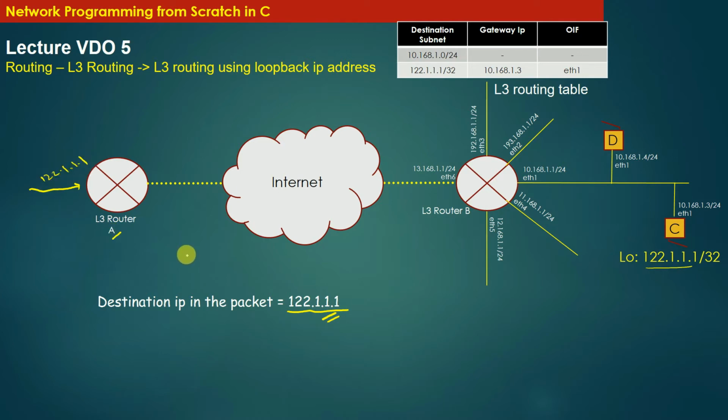Using usual L3 routing, let's assume that the packet will eventually reach L3 router B.